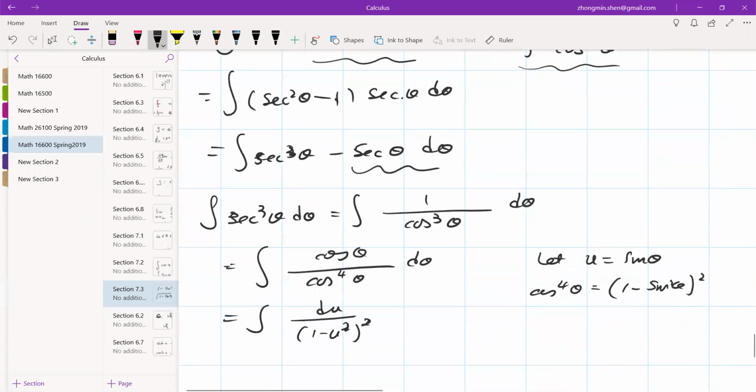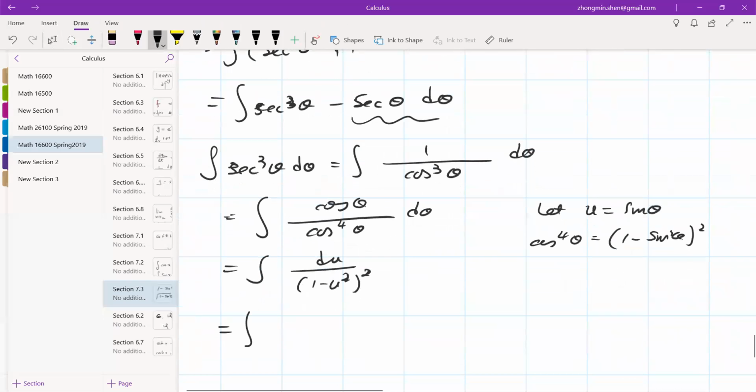We are going to study later how to evaluate this integral. It becomes 1 minus u squared, 1 plus u squared, and this is a rational function. That will be the topic of next week, next class.